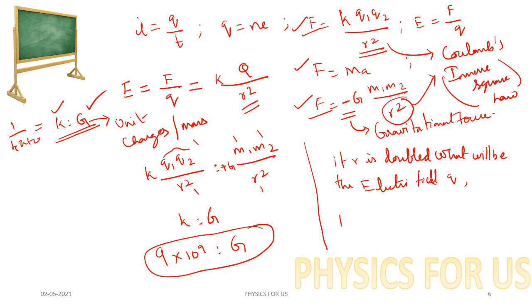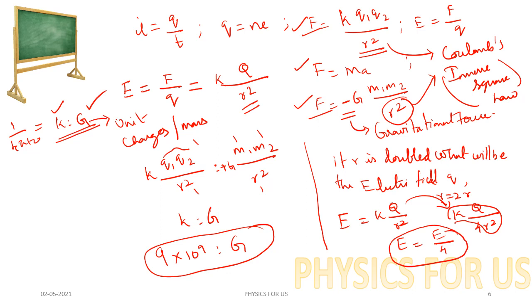For example, E is equal to KQ by R square. If R is doubled, then you put R equal to 2R, so KQ by 4R square. So E becomes 1 by 4 here, so it will become one quarter times the initial electric field.